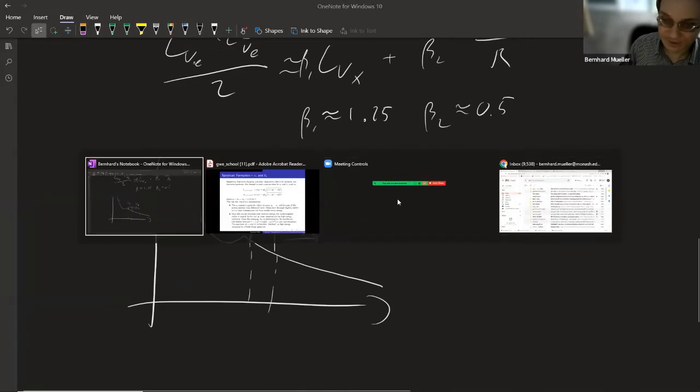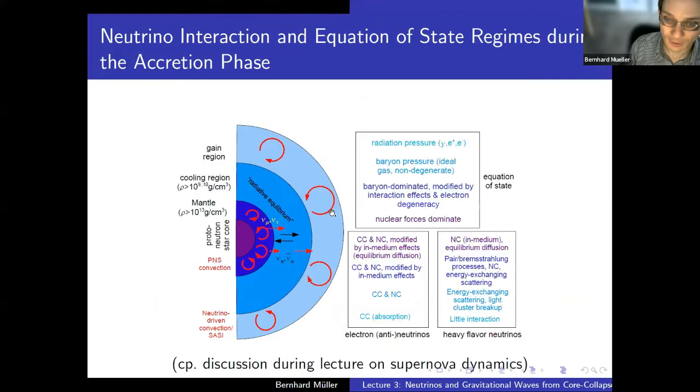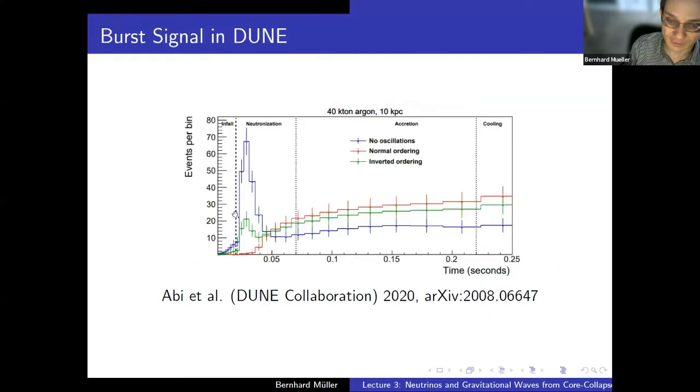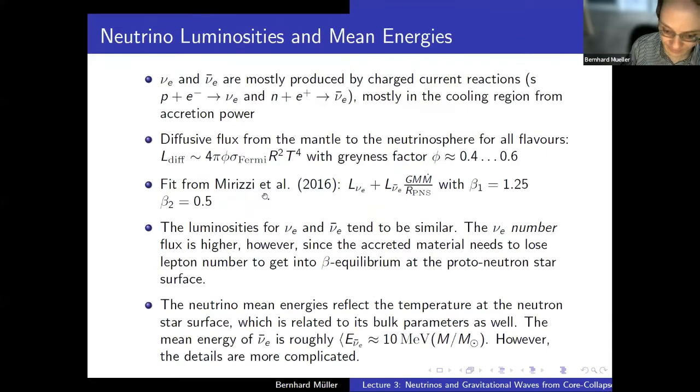And this is exactly what we see. So that explains the harder, hotter spectrum of the electron antineutrinos.